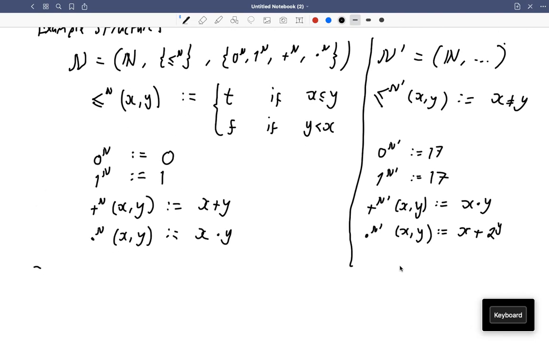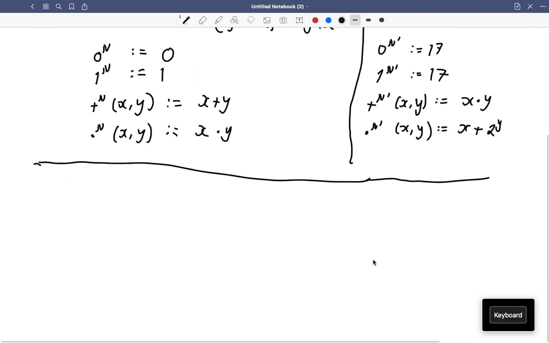So another more natural structure would be what we might call curly R. And let's make the underlying set of curly R the real numbers.